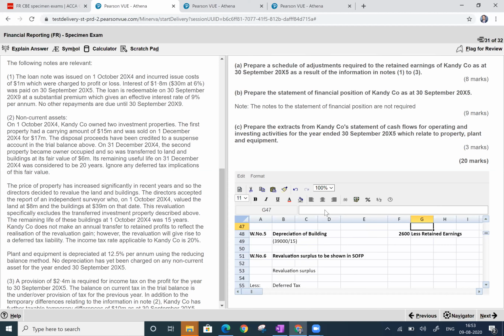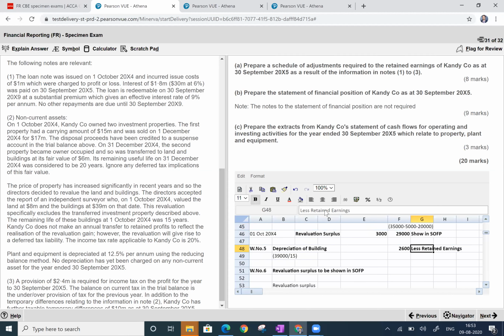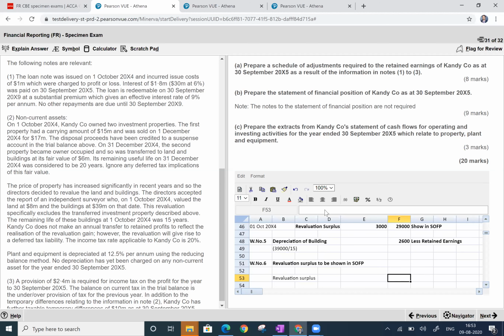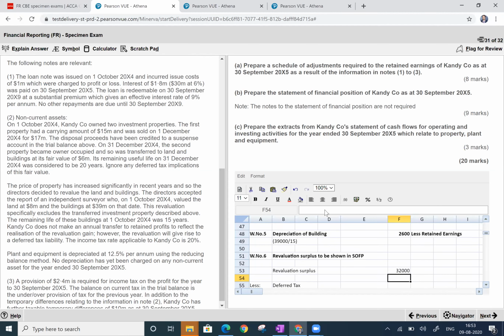How much is revaluation surplus? F46 plus E46. That is 3,000 revaluation surplus in land plus 29,000 in building.